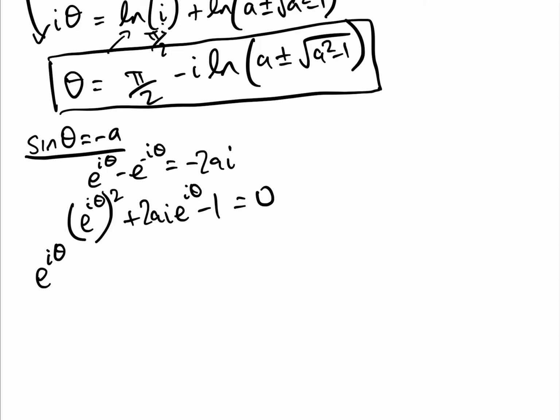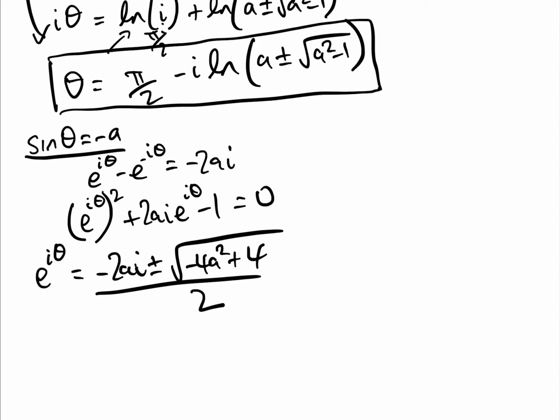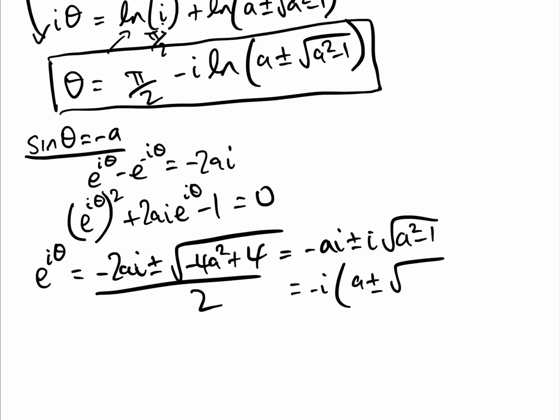Solving it with our quadratic formula, we get e to the i theta equals minus 2ai plus or minus, exactly the same, minus 4a squared add 4 over 2, which simplifies to minus ai plus or minus i root a squared minus 1. And again here, this time we're going to take out minus i, so that equals minus i times a plus or minus root a squared minus 1.